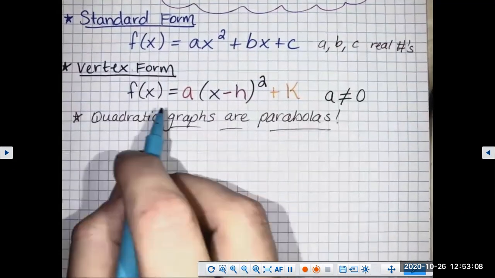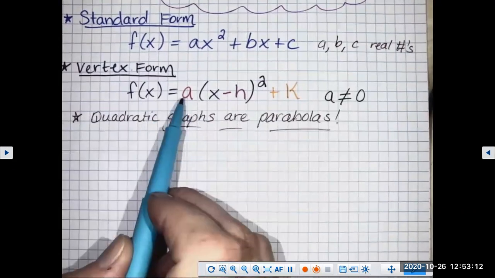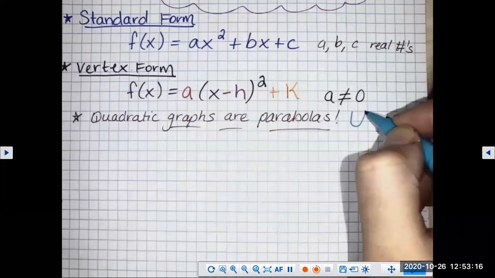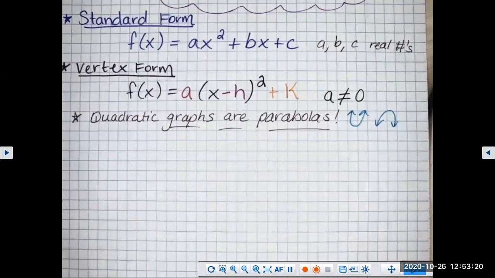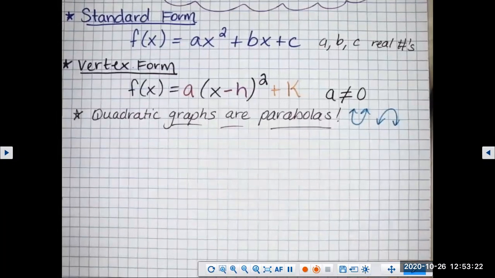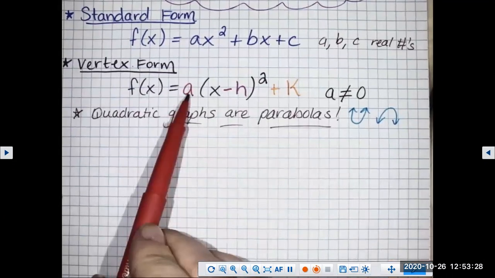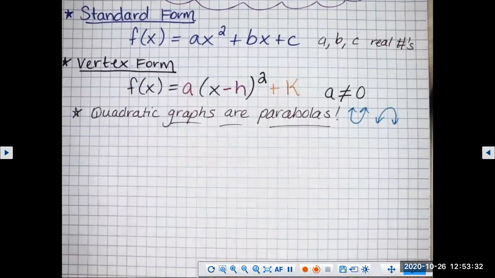Okay, if this number out front is positive, because your parabola is either going to go up or it's going to go down. So if a is positive, do you think it's going to go up or do you think it's going to go down? Up. So the number out front getting multiplied will tell you if your graph is going up or down.